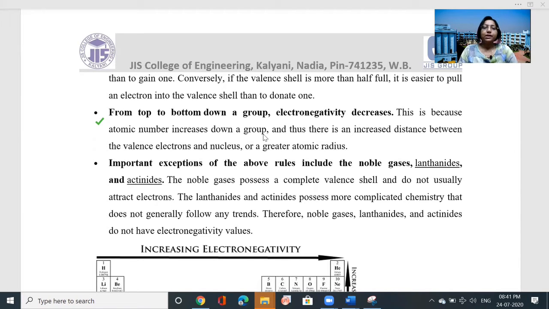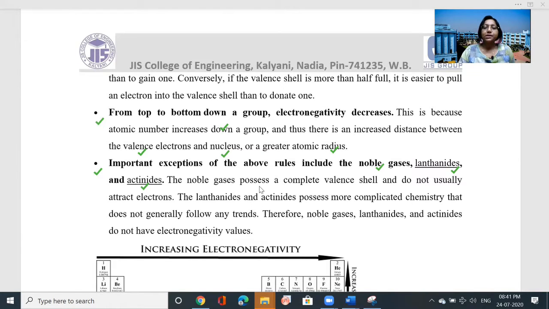This is because atomic number increases down a group, and thus there is an increased distance between the valence electrons and the nucleus, or a greater atomic radius. Next are the important exceptions to the above rules, which include the noble gases, lanthanides and actinides.